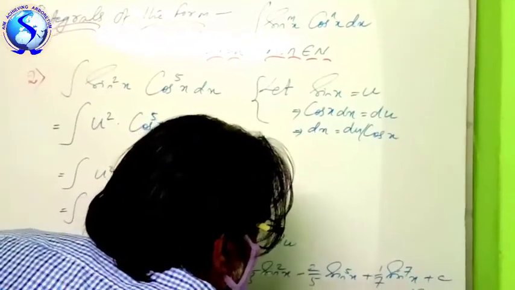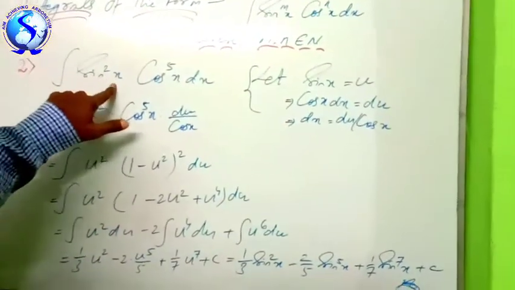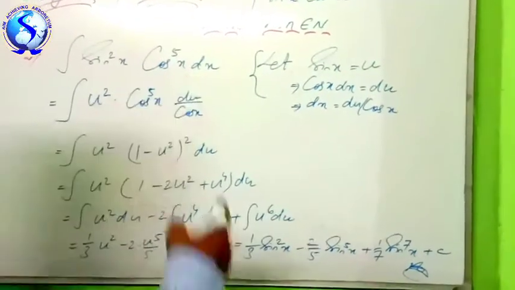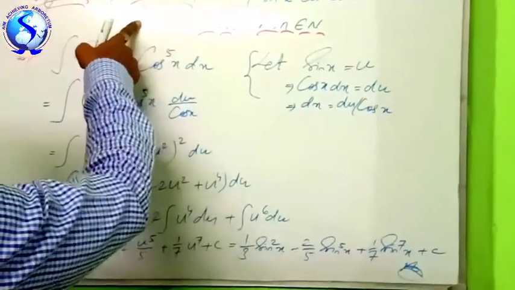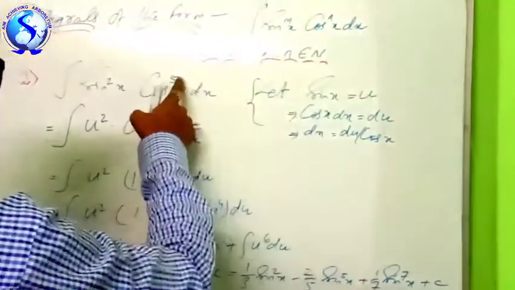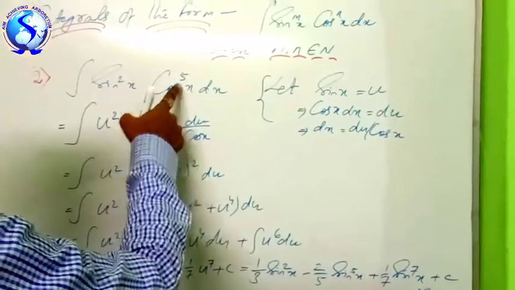And this is the answer of number 2. The question given is sin square x into cos to the power 5 x dx. Here, comparing with the integrals of the form sin to the power m x into cos to the power n x, here n, meaning the power of cos x, is an odd number.